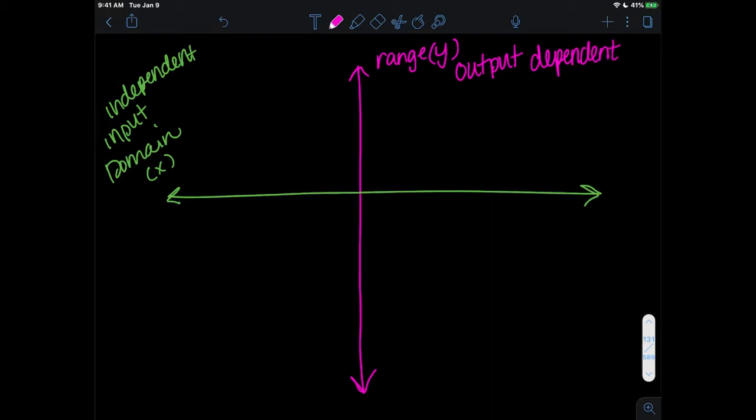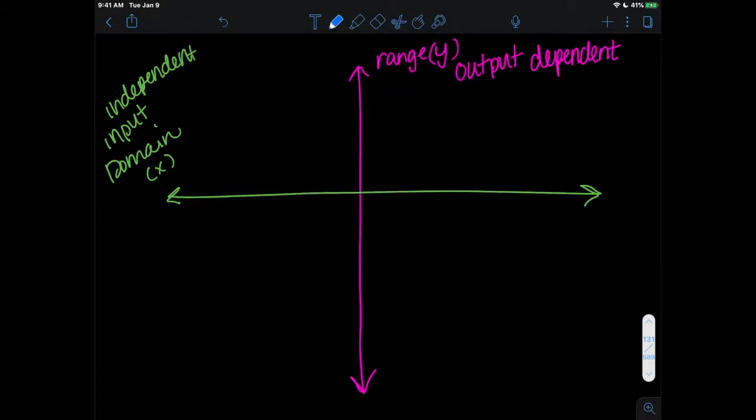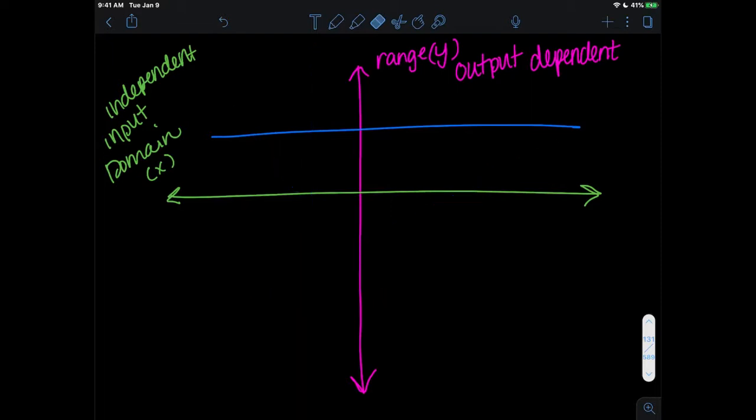So, different lines can look many different ways. We can have a line that looks like this, like this, like this, like this, any number of different things, okay? However, all of them share very interesting features in common.